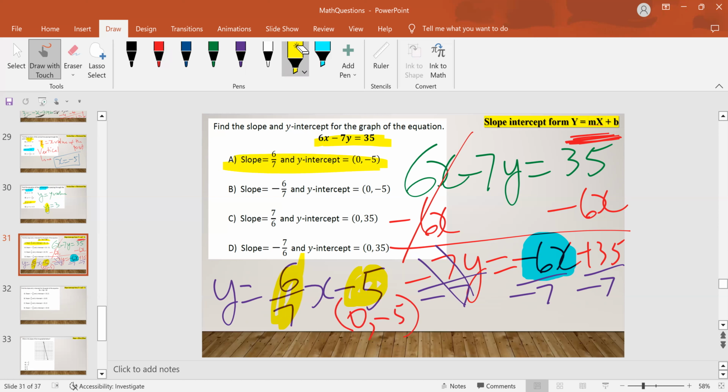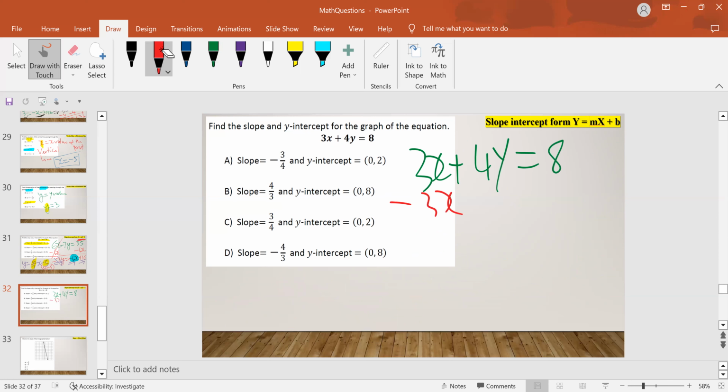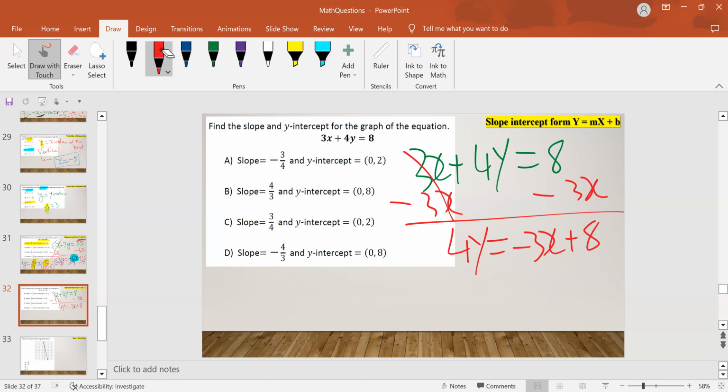Okay, similar question. So again, here having 3x plus 4y is equal to 8, I will subtract 3x. Now I have 4y is equal to -3x plus 8. Now divide by 4.